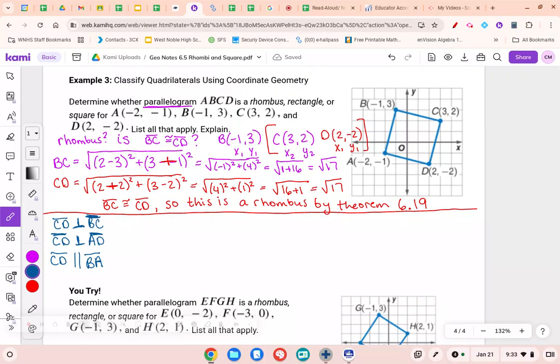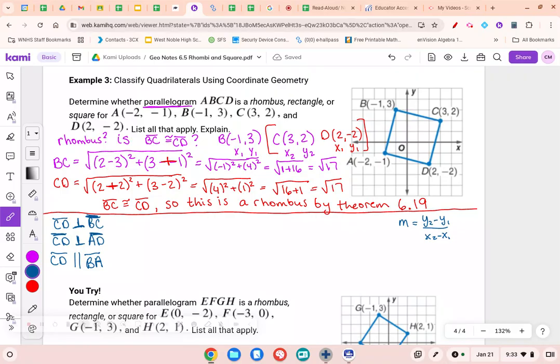So we're going to check the slopes of each of these. You could use your slope formula. For the sake of time, I'm just going to count, and we already have a picture. But if you want to use slope formula, that is the change in y's over the change in x's. That is totally an option. I'm just going to count.